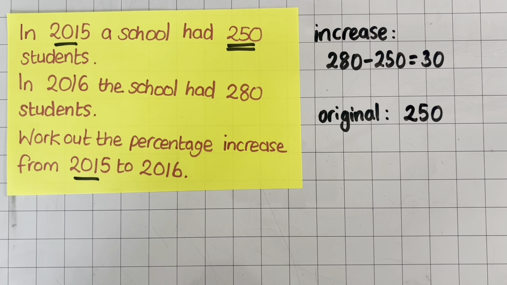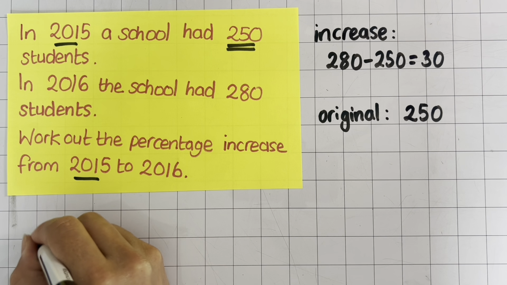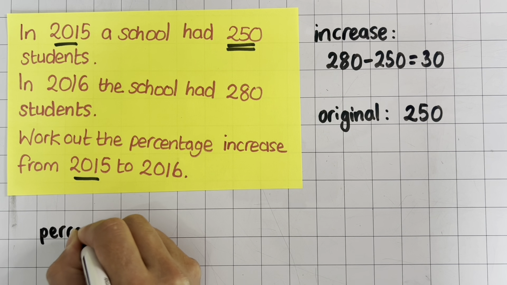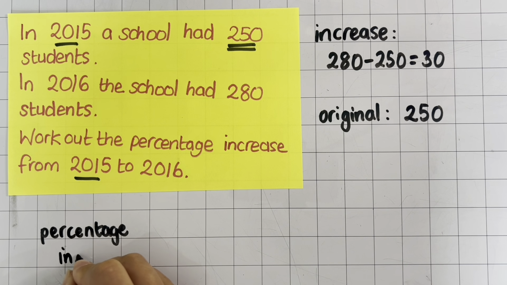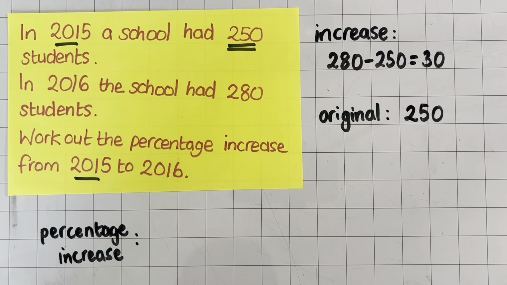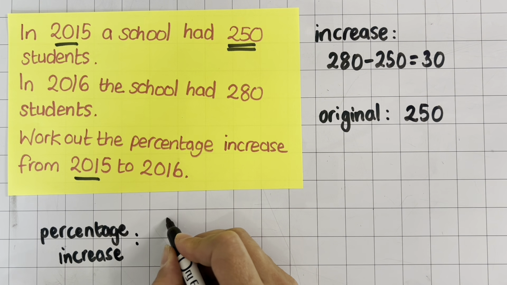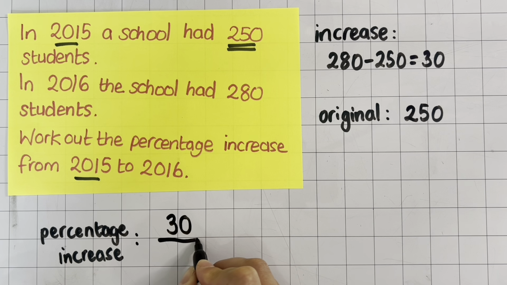So to find the percentage increase, we're looking at the increase in students, which is 30, over the original value, which is 250.